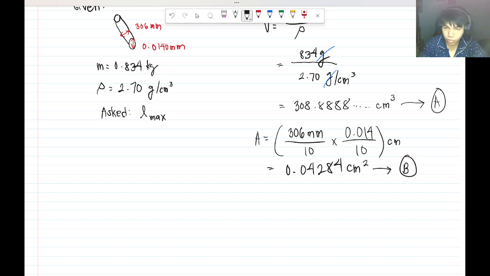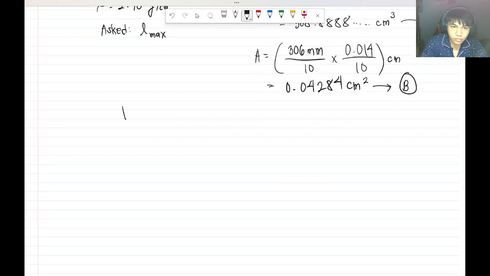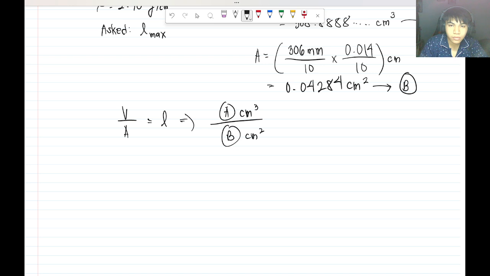Finally, again, volume over area will give us the length. Therefore, you have the volume stored in A over the area stored in B. Cancel, cancel. This will be left with 1.